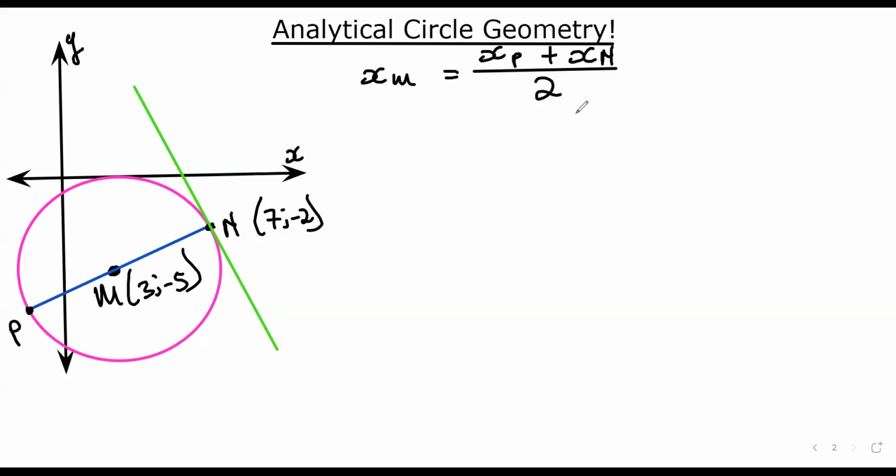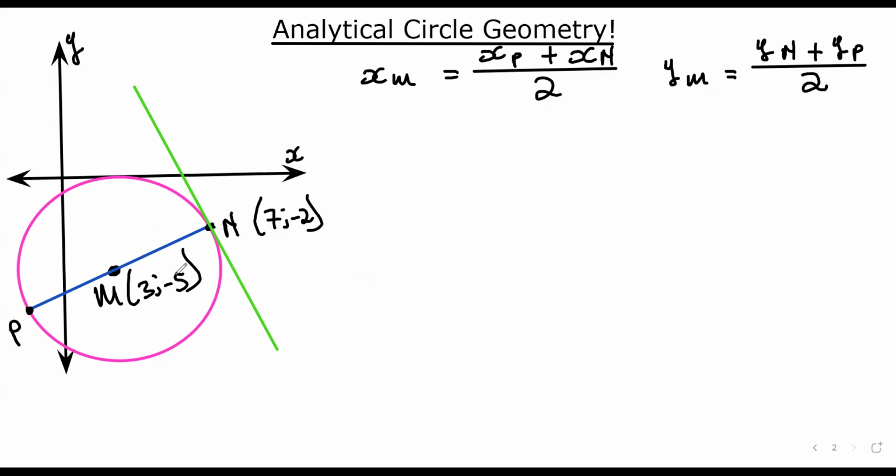So we are just going to separate the x's as well as the y's. And of course, we'll do the same for y. So we say the y coordinate at the center is actually equal to the y coordinate at N plus the y coordinate at P. And we say everything is divided by 2 like that.